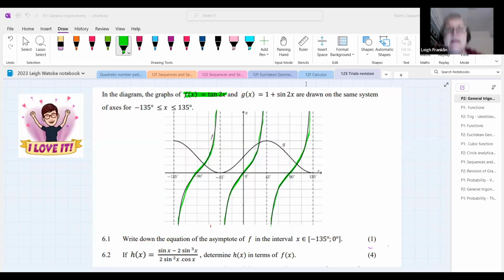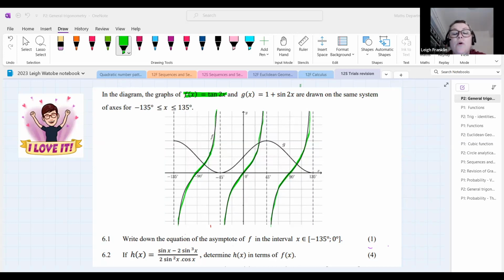So instead of the graph repeating itself every 180 degrees, the graph is now repeating itself every how many degrees? Every 90 degrees. Good, Lesedi. Perfect. Every 90 degrees.